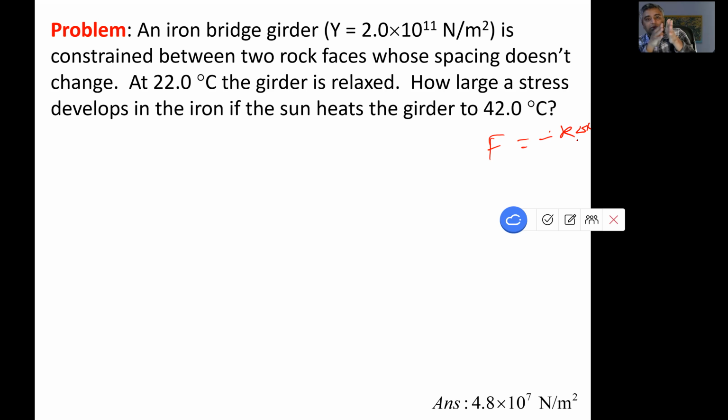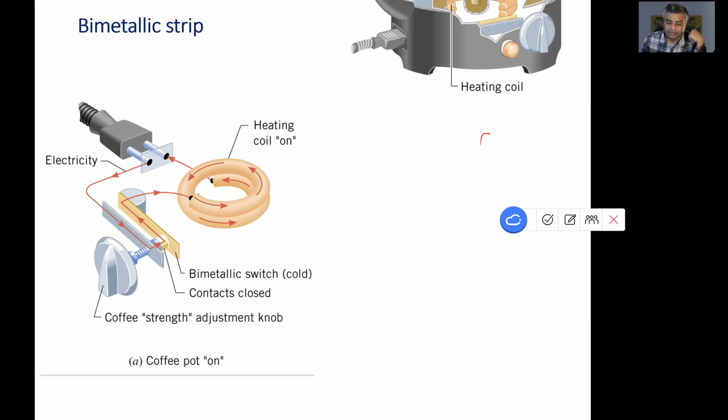If we are talking about rods, the area also matters. So rather than just writing in terms of force, we can write force over area, okay? And we can look at how length is changing.